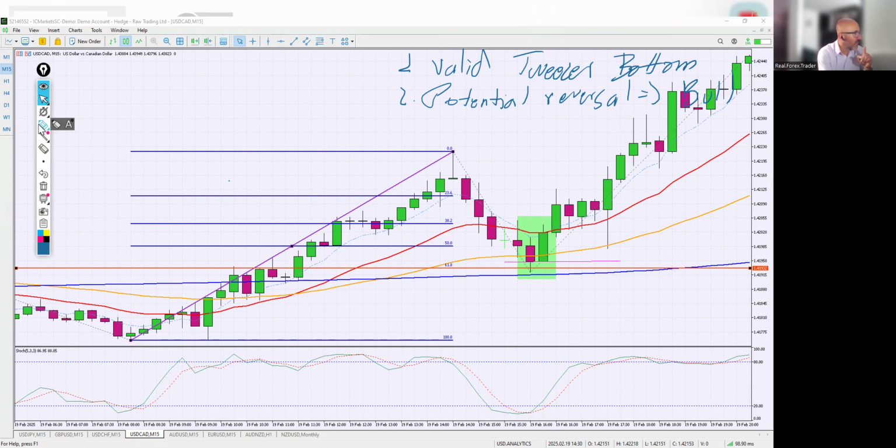Remember that the meaningful Fibonacci's are these ones here: 61.8, 50, and 38.2. In this case, this line found support. Why? Because the price pierced it a little bit, but didn't cross it. Went back to the what? To the bull move.